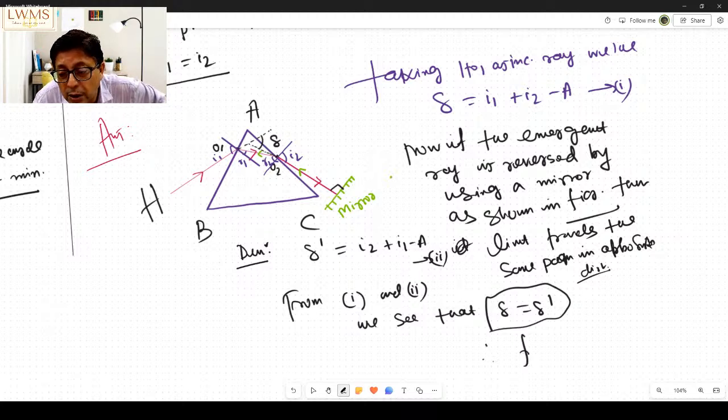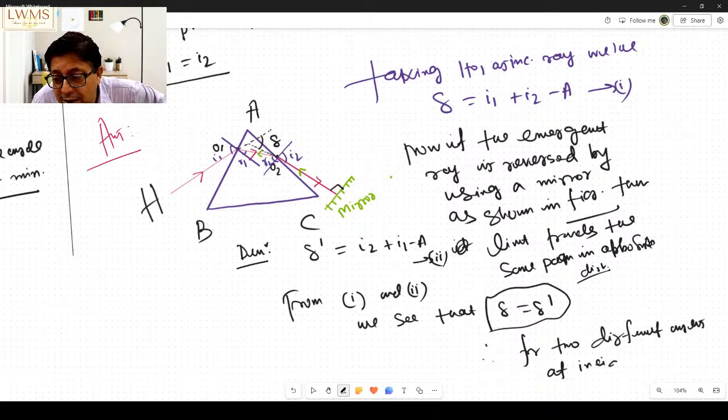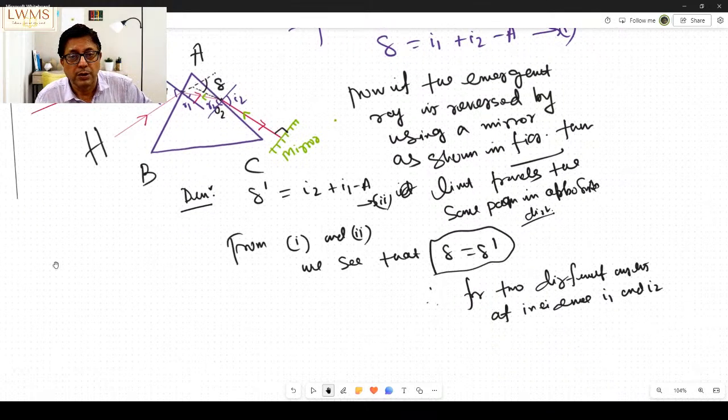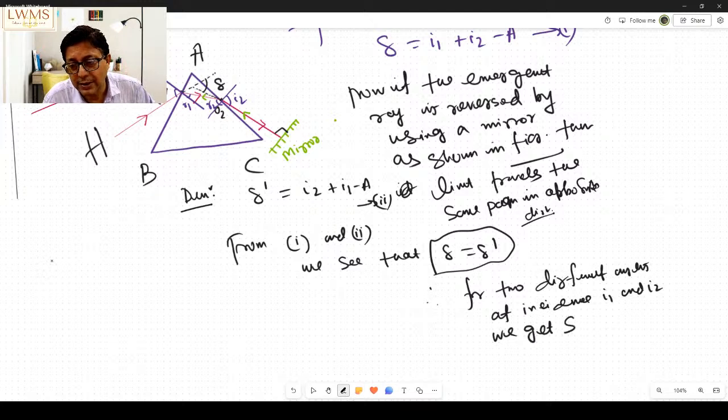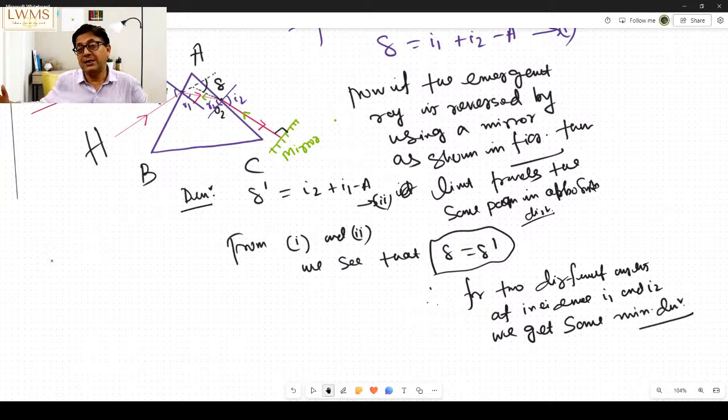Therefore, for two different angles of incidence, I1 and I2, we get the same minimum deviation.